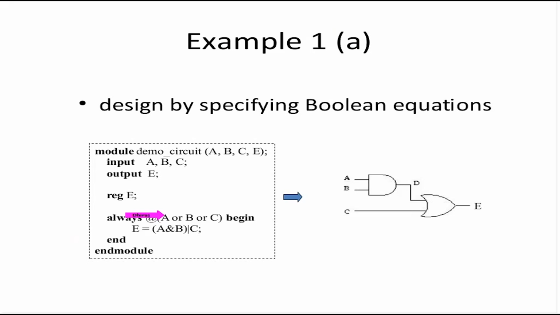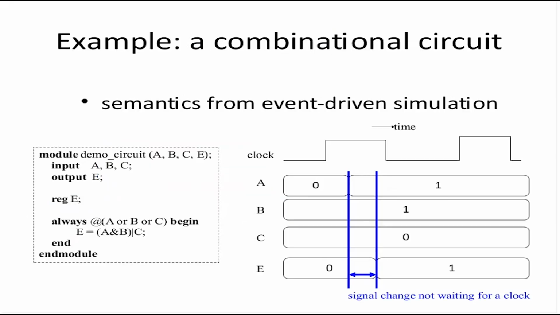If we forget to write A here, and just write always @(B or C), then in simulation you would observe that E does not change, because B is constant, C is constant. On change of A, this does not get activated. So E will not change.